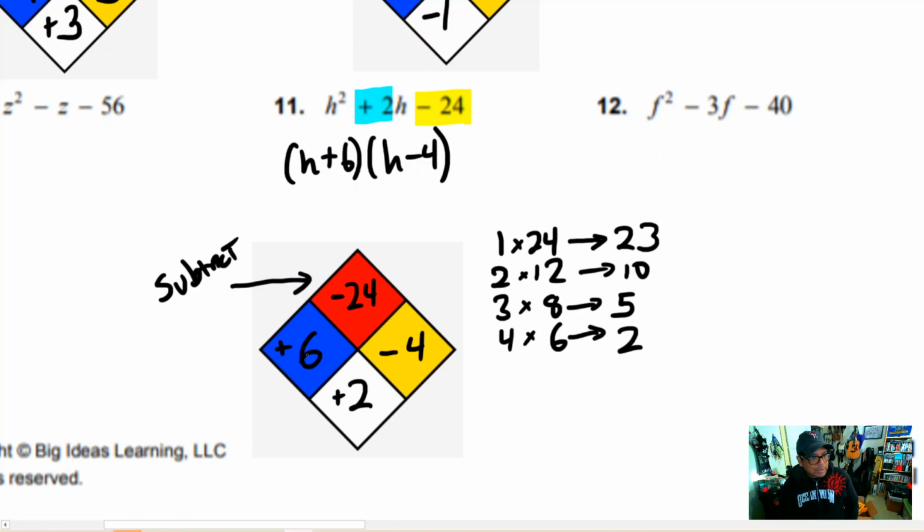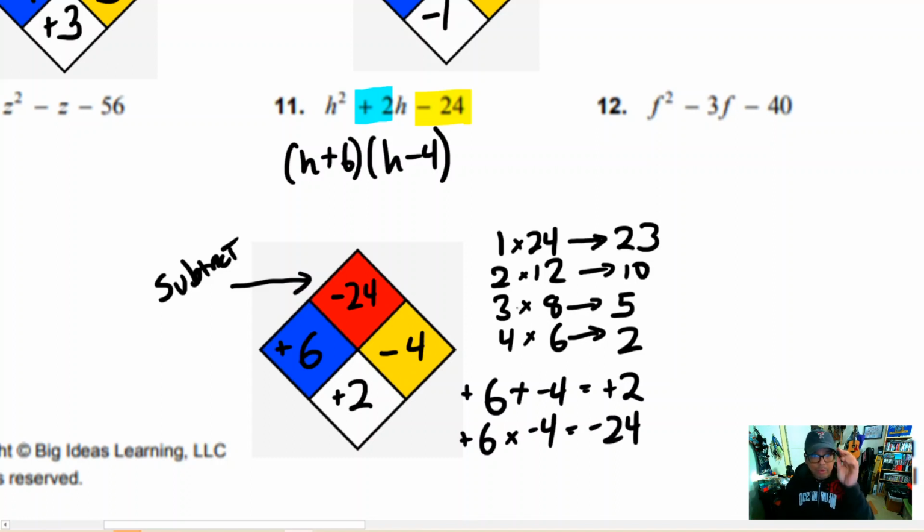Remember, positive 6 plus negative 4 has to be equal to positive 2. And then also positive 6 multiplied by negative 4 has to equal negative 24. That's why those two numbers work.